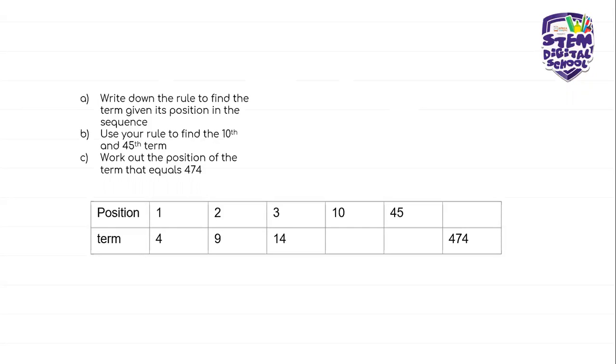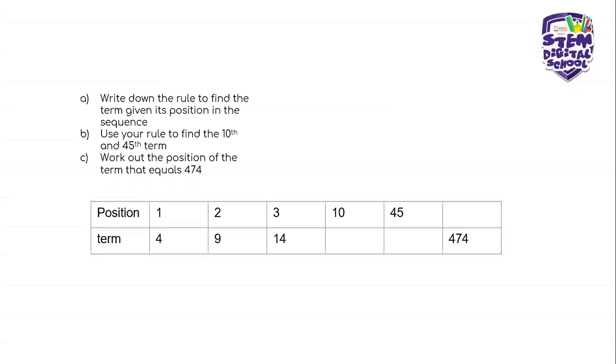And C, you must just work out the position of the term that is equal to 474. So I hope that you can see the steps that I'm talking about. The first one is that you need to write down the rule. And we're still going to write down the rule, by the way. I'm still going to show it to you. But right now, I've already given you a hint of how to find the rule.